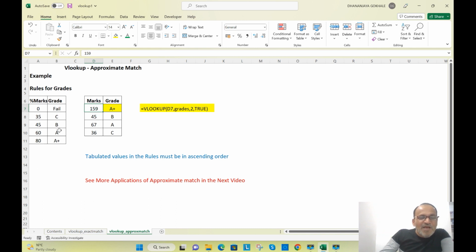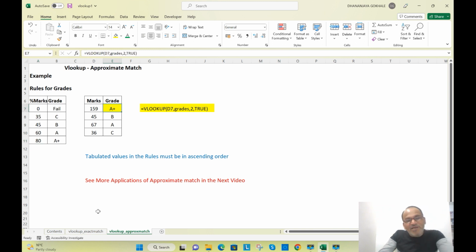But if you refer to this table, nearest lower value, that means what is the lower value than 150? All are lower values, correct? 0, 35, 45, 60, 80, all are lower than 150. But which is the nearest lower value? Nearest lower value is 80. So we get the answer A plus.